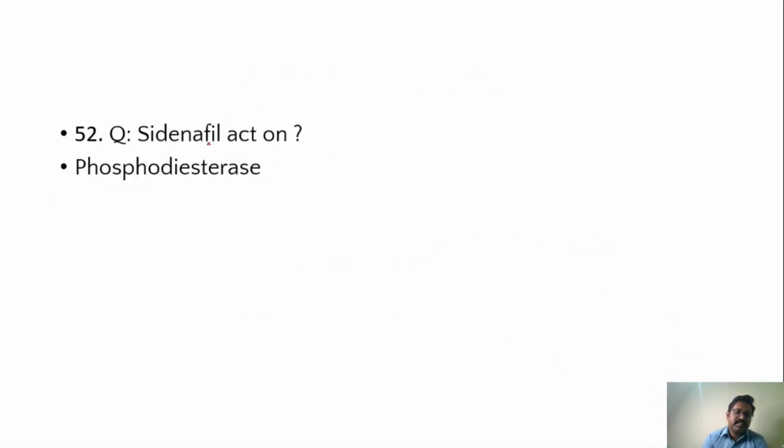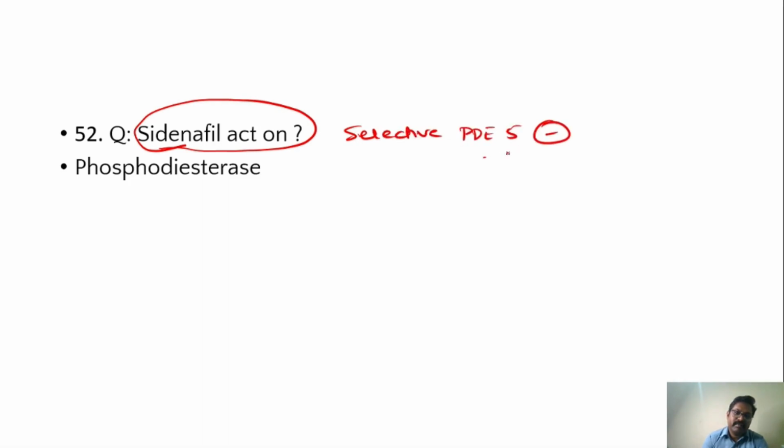So next question they asked is, sildenafil acts by. Mainly, sildenafil is a selective phosphodiesterase 5 inhibitor. Thereby it increases cyclic GMP levels and enhances the activity of nitric oxide.